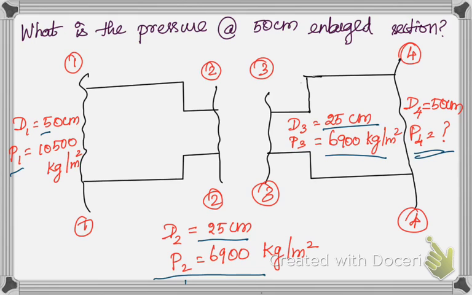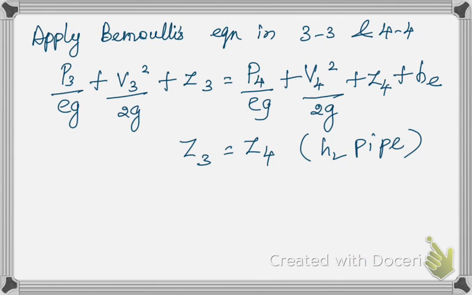So D2 and D3 are same. So if that is the case, V2 will be equal to V3. Okay, so we are going to use this relationship in our Bernoulli's equation where we are applying it at section 3.3 and 4.4.